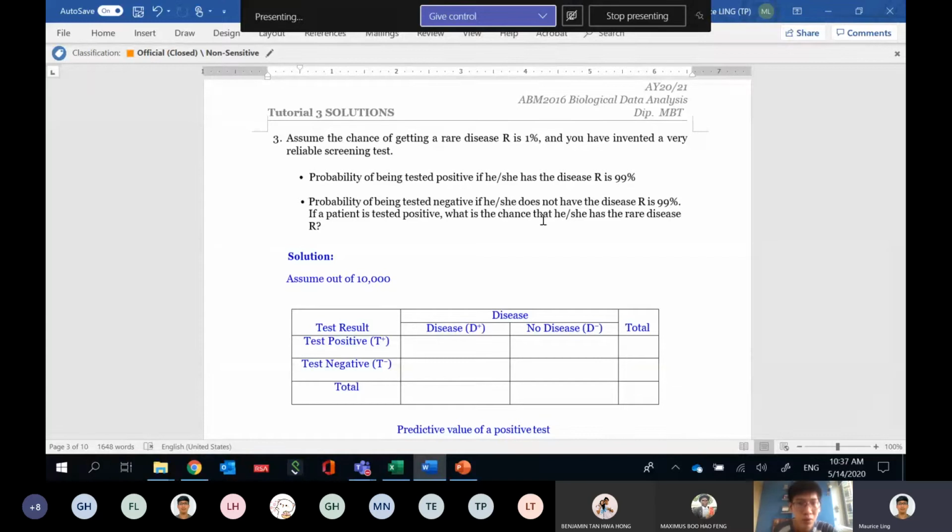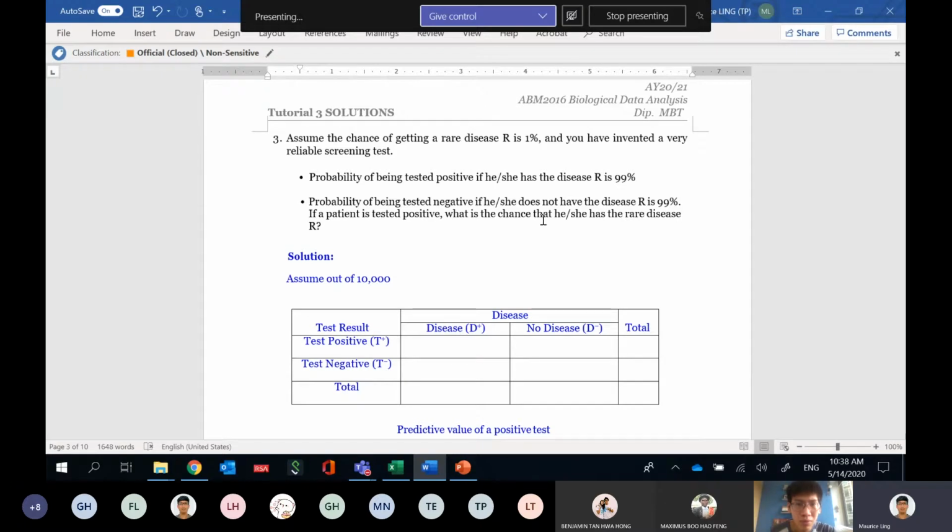But there's a probability of testing negative if the person doesn't have the disease, also 99%. So it's quite a good reliability. Now, what we want is, what is the probability of the patient having the rare disease if he's tested positive?